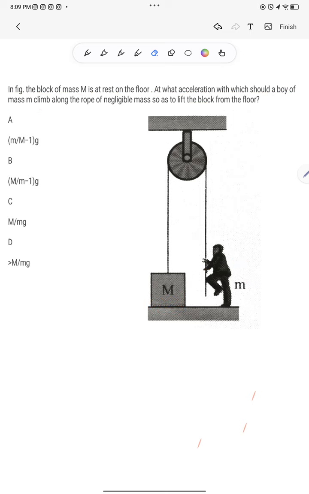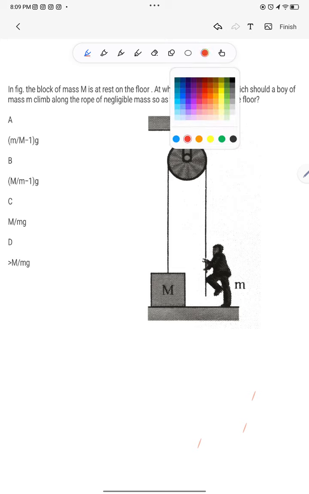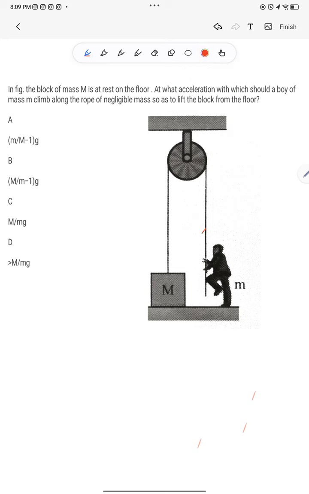See, when this boy will move up, a tension force will be developed in this string, or we can say this string will exert a tension force on this boy, and on this boy another force will act, that is small m into g.